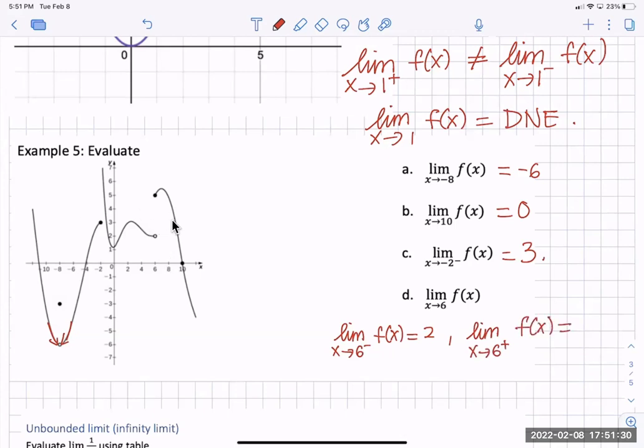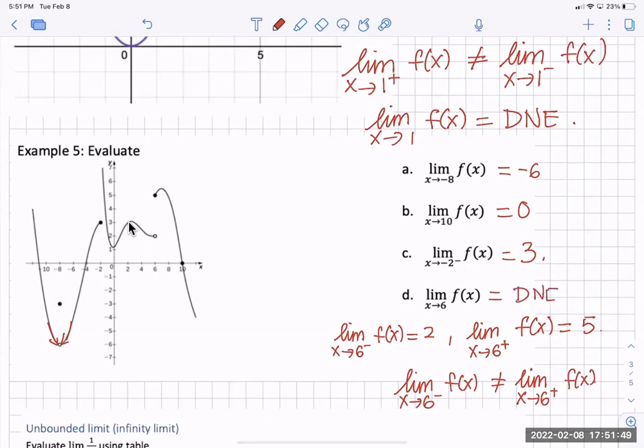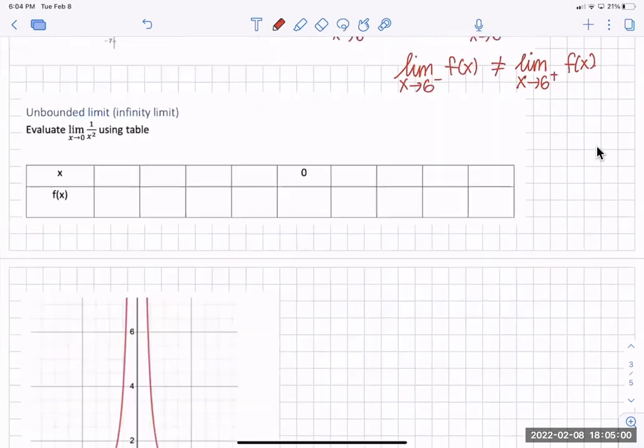From the right, it is right here, equal to 5. And they are not the same. Therefore, we say this does not exist because the value is not the same on the left and right.